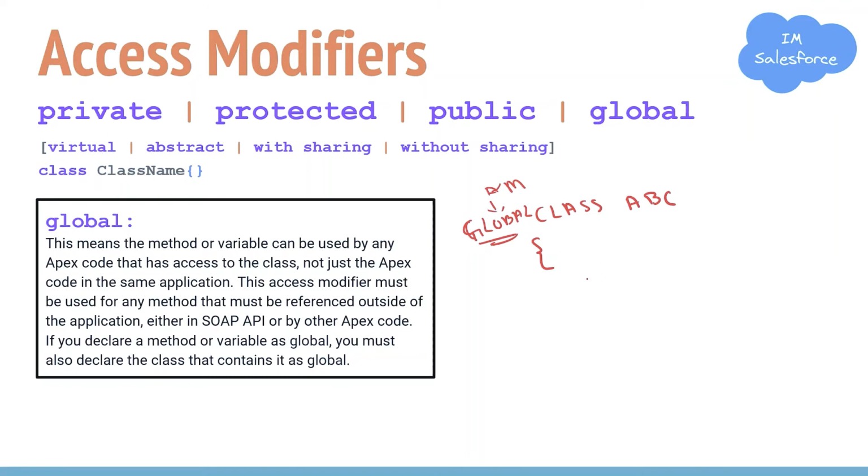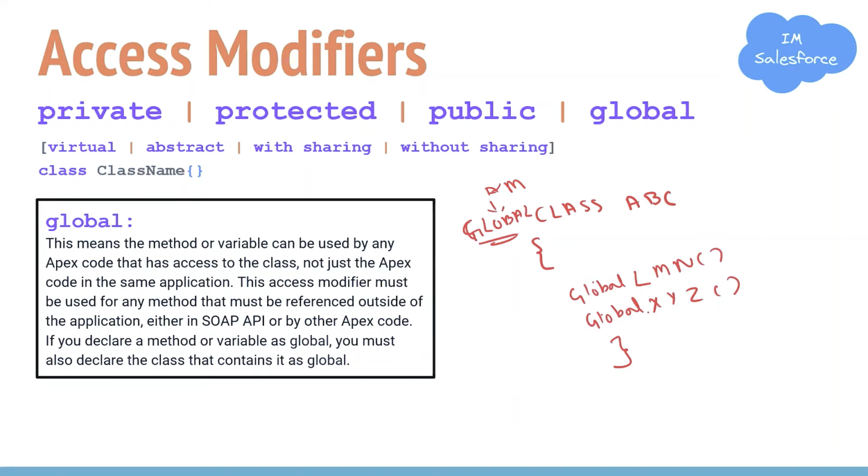Okay, so if you define any methods, for an example, the method is lmn or xyz, this method should have the access modifier as global, then only you can use it. Otherwise it will throw a compilation error, because if the class is global, then your method and variable should be global. If any of the method or variable is global, then your class should be global. Otherwise you have to change it all to public, private and all that stuff.